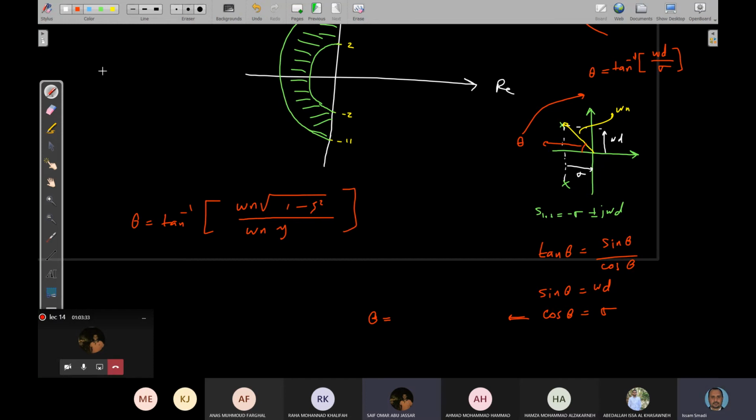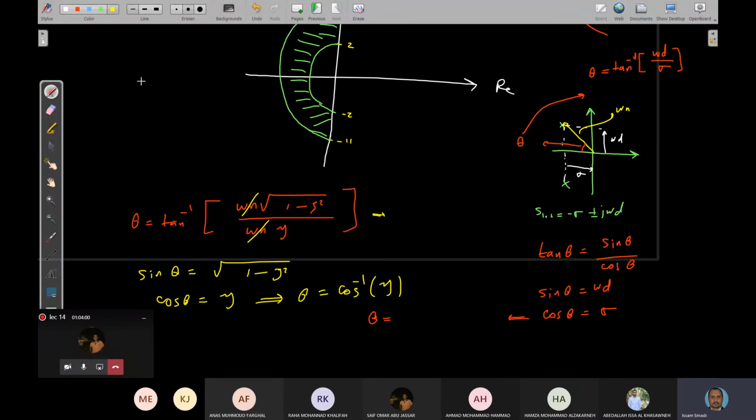So according to the Bachmann theory, the omega will cancel the omega. So I will end up with sine theta equal to square root of 1 minus zeta squared, and cosine theta equal to zeta. So from here, theta is equal to cosine inverse of zeta.